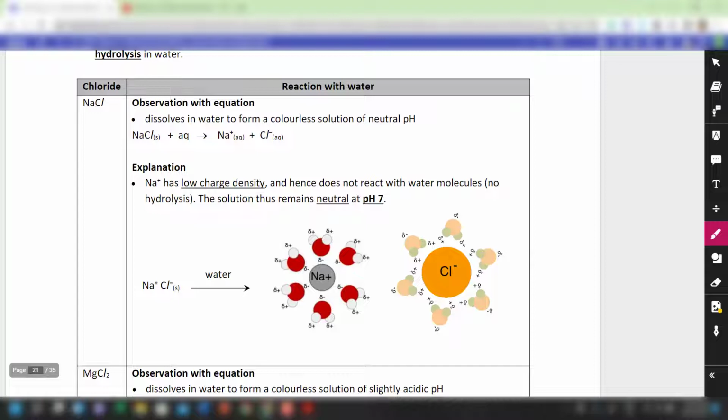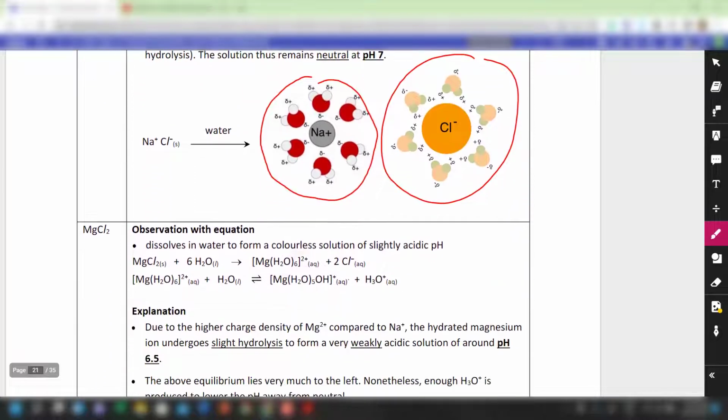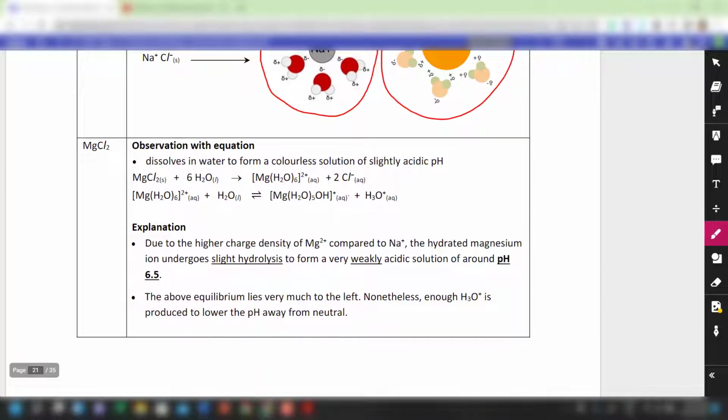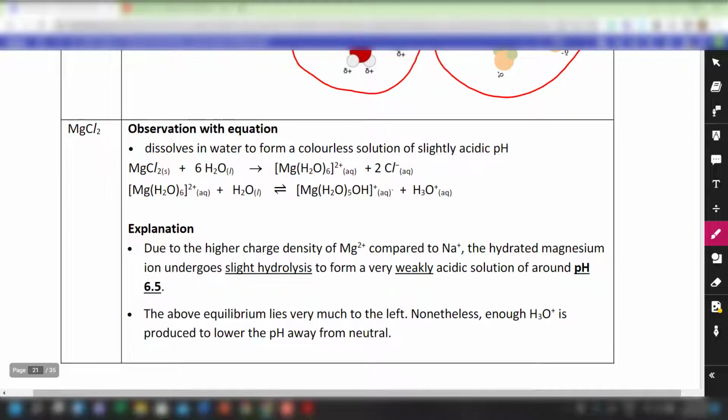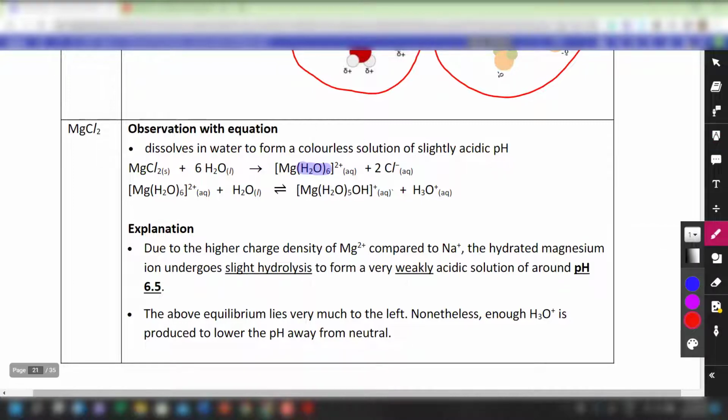Basically we are just looking at the Na+ and Cl- being surrounded by water molecules via ion-dipole interaction. For magnesium chloride, again quite soluble in water, and Mg2+ is often seen as having 6 water ligands surrounding the magnesium cation.